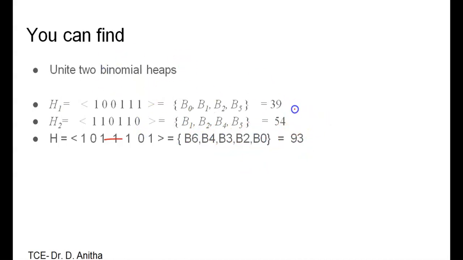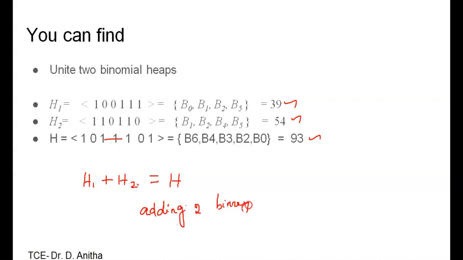This is equivalent to 39, this is equivalent to 54 and when I try this as 93, what do you observe? When you put a total of H1 plus H2, you get this original total. So this binomial heap union operation is helpful in adding two binary numbers, right? So this is one algorithm that we could learn from the binomial heaps, right?